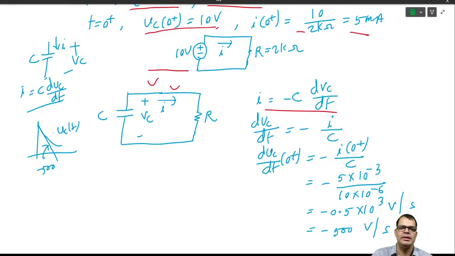Then after writing the dynamic equation, find out the rate. If you don't have any dVc/dt, then you just do the manipulations to get this rate of change, and put the values at 0+, and you will get this, right?